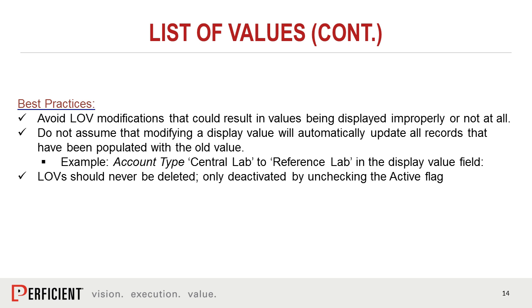But the records that already exist where the account type was previously entered as central lab are still going to display central lab in that account type field. So if you're making these types of modifications, you have to update the values of the records that are already within the system. There might be a data migration activity that needs to be done as well.